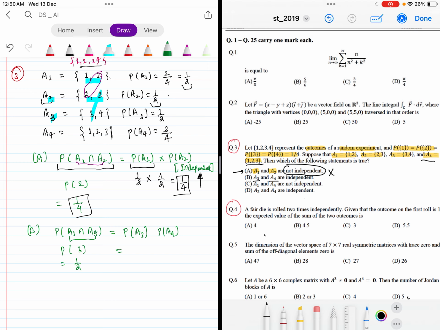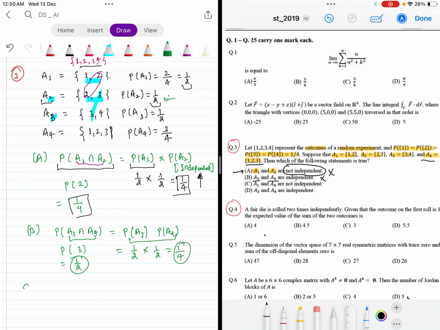And on the right hand side, the probability of a3 and a4 will be 1 by 2 into 3 by 4. So if you see, these two are not equal, so these two events are not independent, they are dependent. So option B is incorrect.